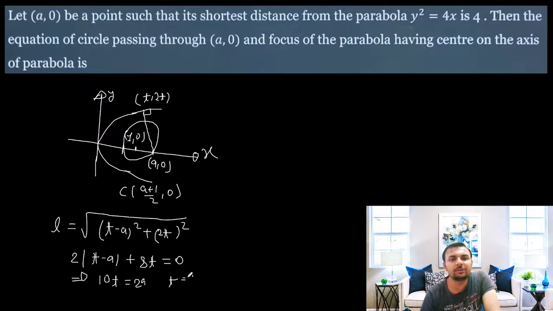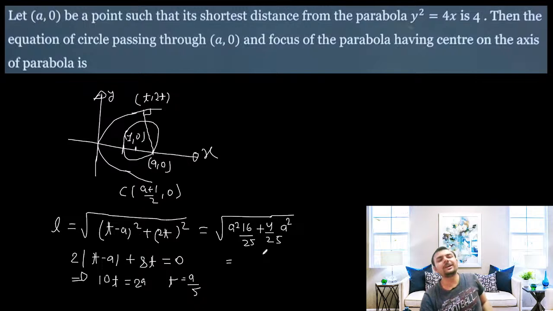So t equal to a by 5. So at t equal to a by 5, this is minimum. So let's solve it. It is 4a by 5, 16 a square by 25, plus 4 by 25 a square. It is 20 by 25, which is 4 by 5. So a 2 by root 5. This should be equal to 4. So a is equal to 2 root 5.